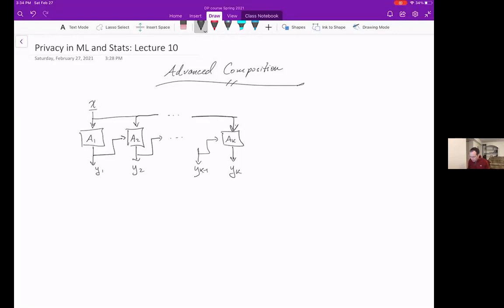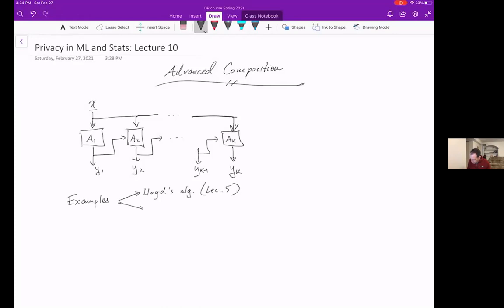Okay, so all these algorithms take as input the same data set X and produce a sequence of outputs, and that sequence of outputs is used to choose the next algorithm that will run. So the next algorithm that will run is going to be a function of what's happened so far. A nice example of that is Lloyd's algorithm that we saw in lecture 5 or so.